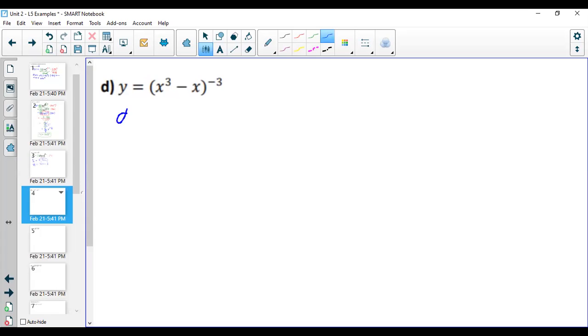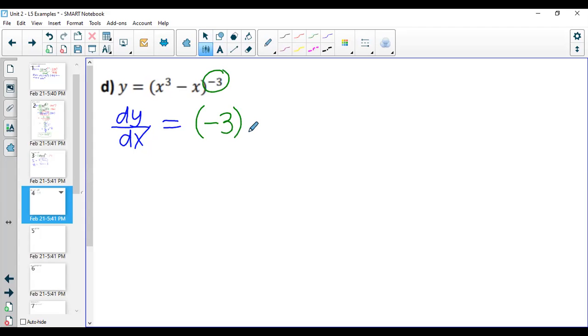Okay, so now we have dy over dx is equal to, I'm going to bring the -3 down. Notice the outside function, I'm still following the same procedure.